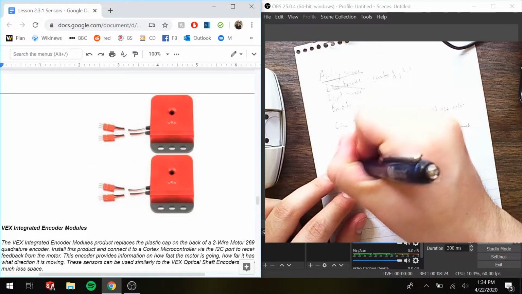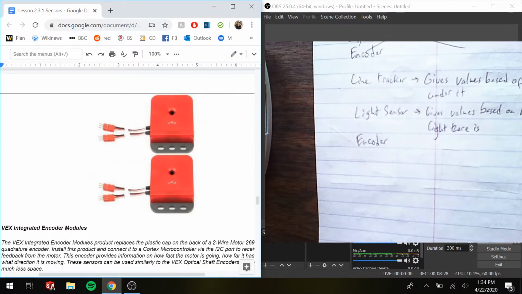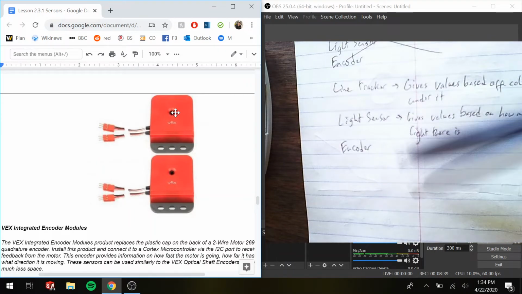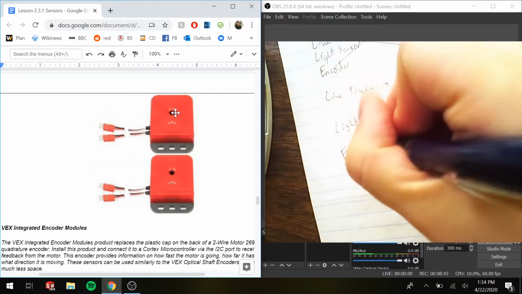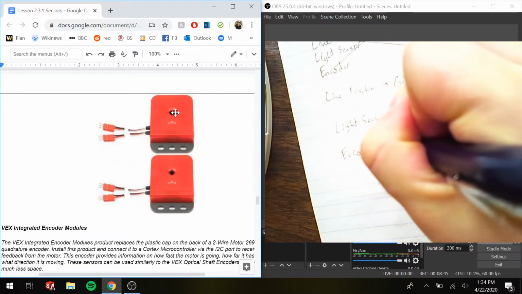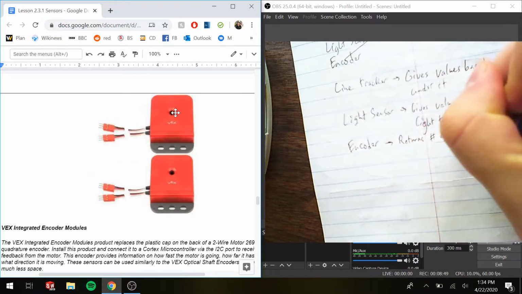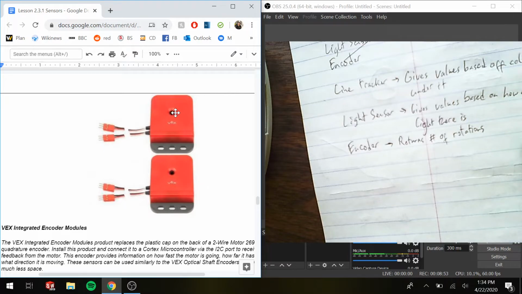And then an encoder. An encoder is kind of similar to a potentiometer. If you look closely, you'll see that there's a hole in the middle. An axle or a shaft goes in there, and this will detect how many times something has rotated. So it returns the number of rotations. This also can be digital or analog.